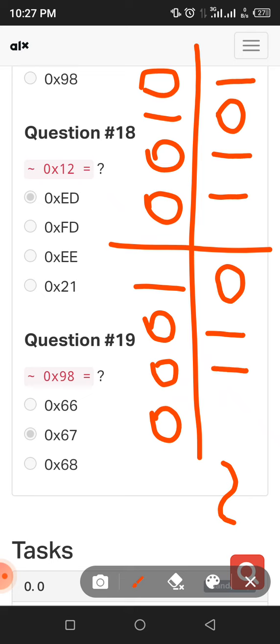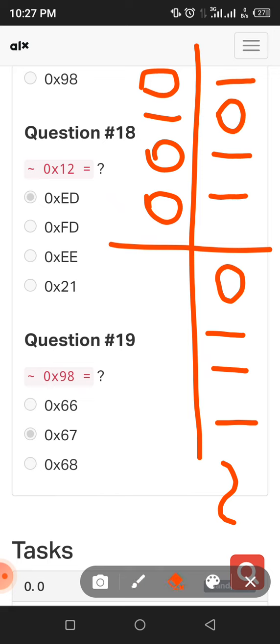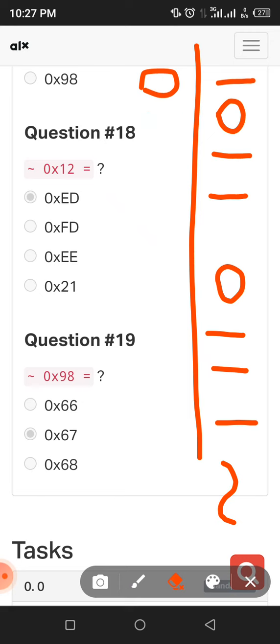Now we want to get rid of all this stuff here because this is the main value, the main number we are looking for. So this number, we're asked to convert it to hexadecimal. So what's going to be the real value in hexadecimal? So we're going to convert this 1101.